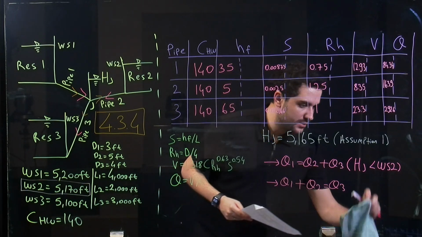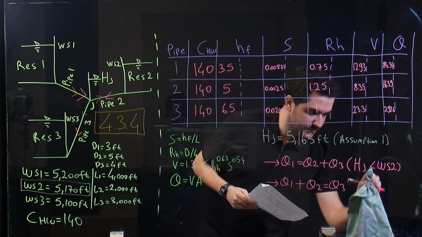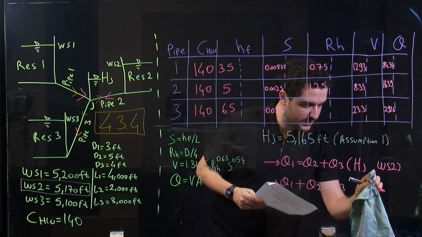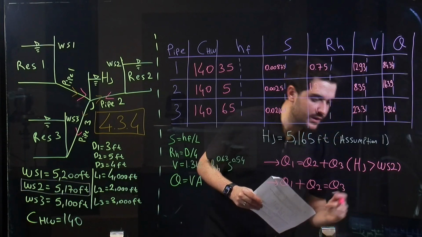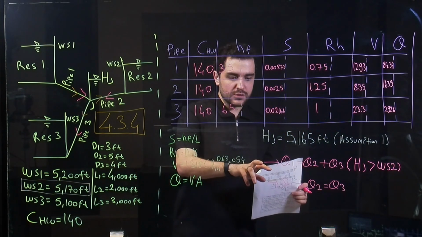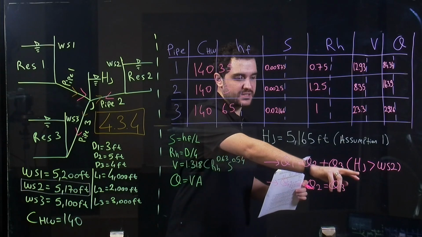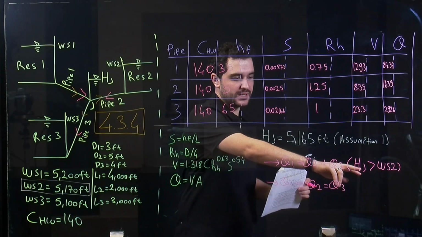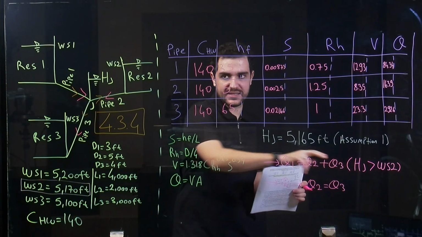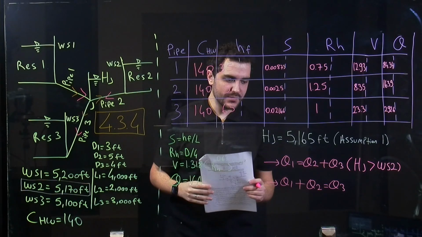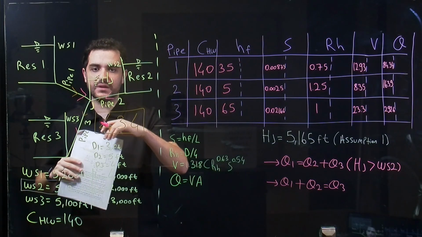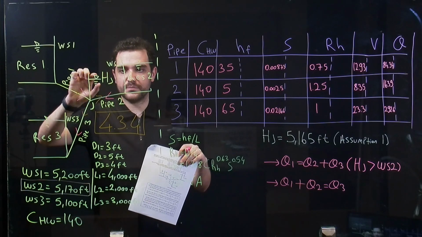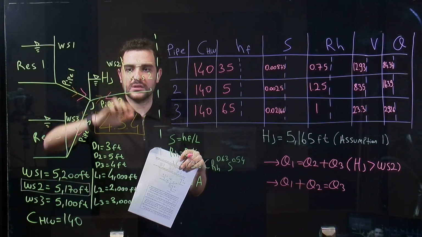Sorry, it will be opposite. So for this case, the water surface of the junction is higher than water surface 2. This means that we will have water going from this point to this point.